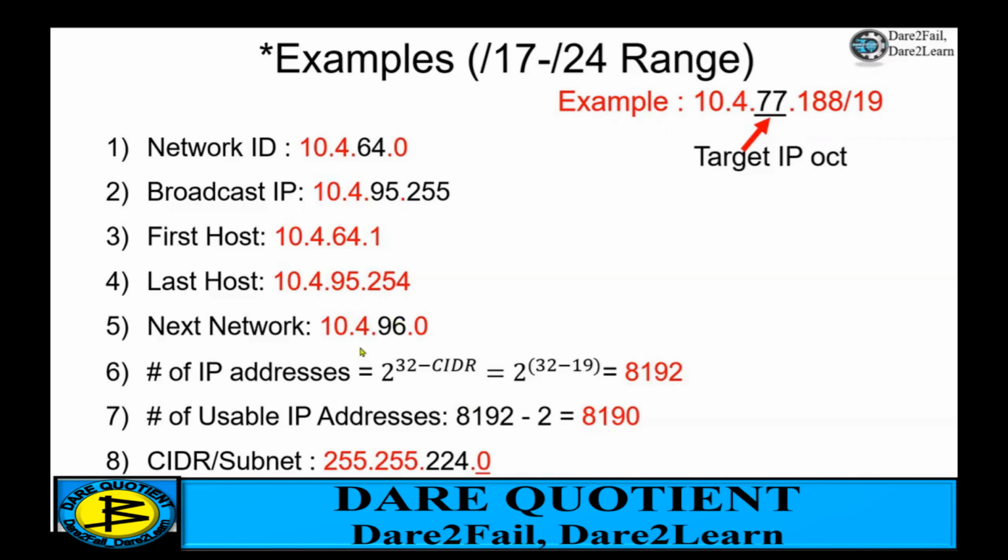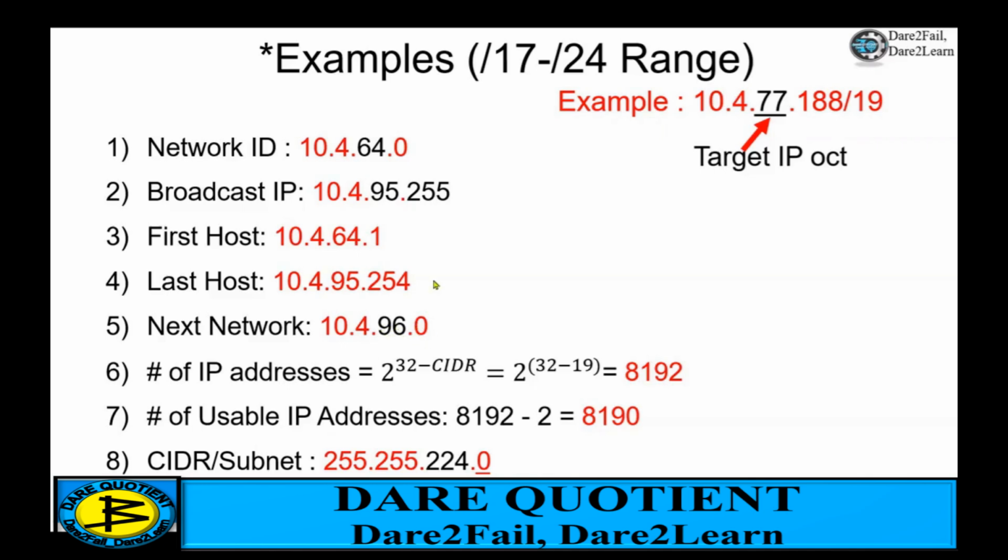Okay, so from here we have our next network. We find the broadcast IP, which is the last IP before the next network. Remember the previous example where we had a change in octet. So if our next network is 10.4.96.0 and the IP before that, so that means we had a 256, which caused the fourth octet to change, and caused the third octet to increase by 1.